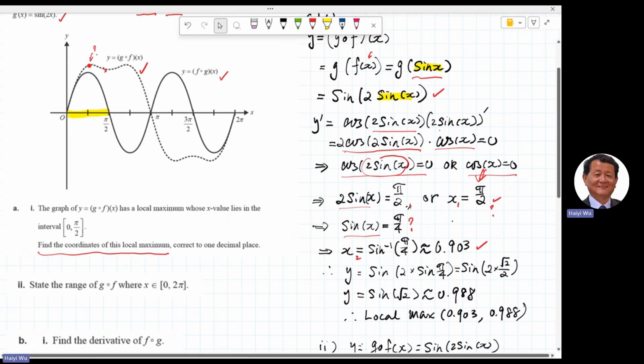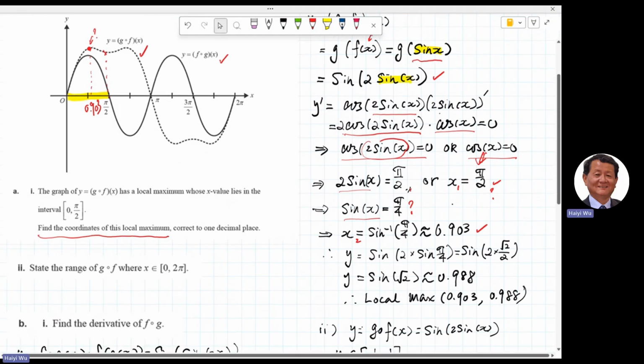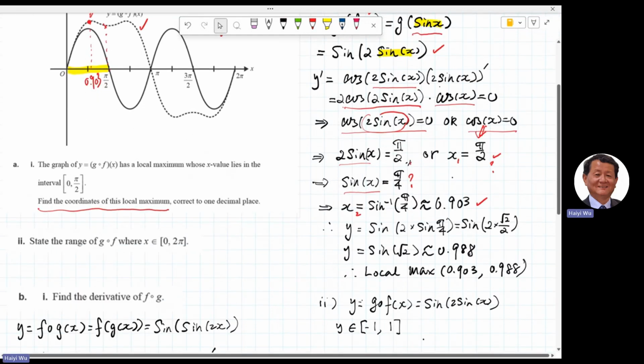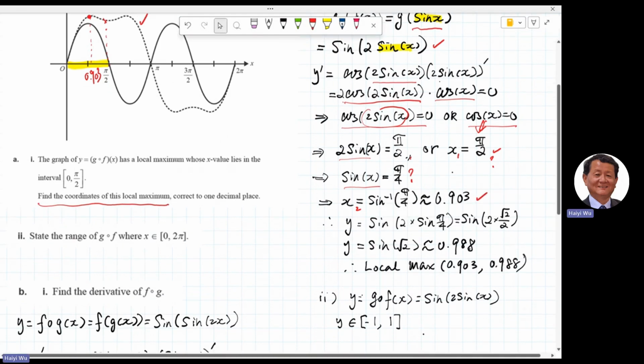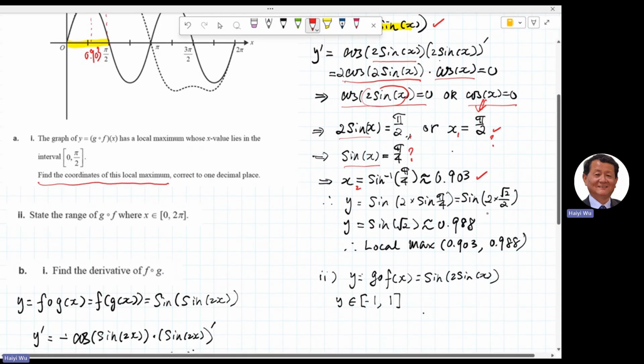If you look at pi over 2, it looks like this is not a maximum. This one looks like the maximum point. So we choose x2, 0.903. Then we need to substitute into the original function to find y.